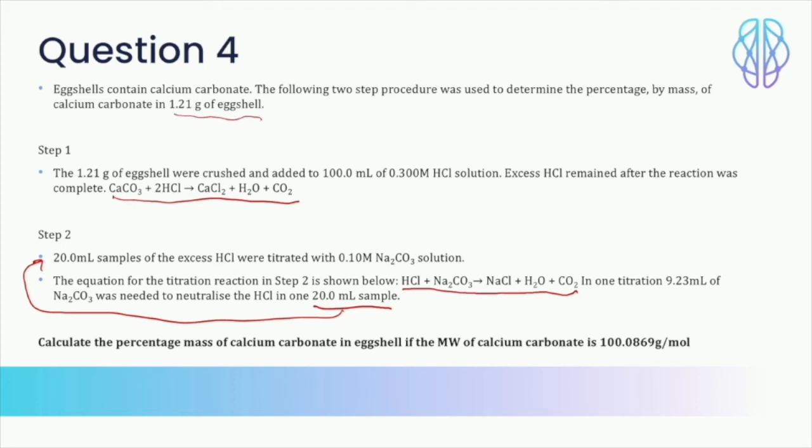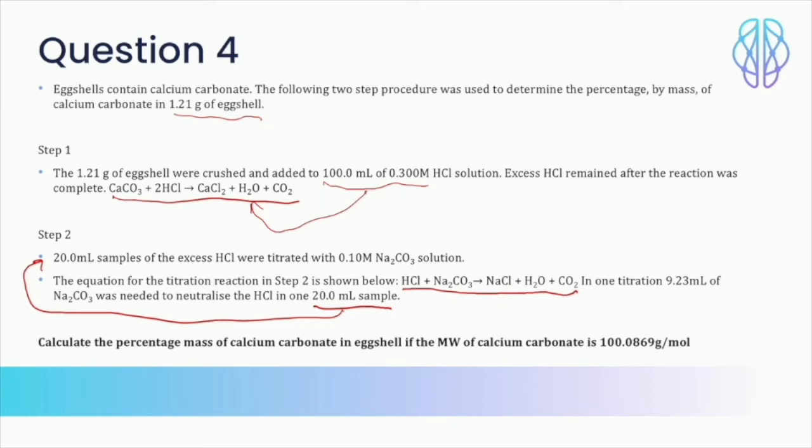So if you can imagine, again, we have a beaker, we have this eggshell, we grind this eggshell up, we put the powder in the beaker. We then dump a bunch of HCl. When I say dump a bunch, I mean exactly 100 milliliters of 0.3 molar HCl. That HCl reacts with the calcium carbonate in the fine powdered eggshell to give you calcium chloride, water, and carbon dioxide.